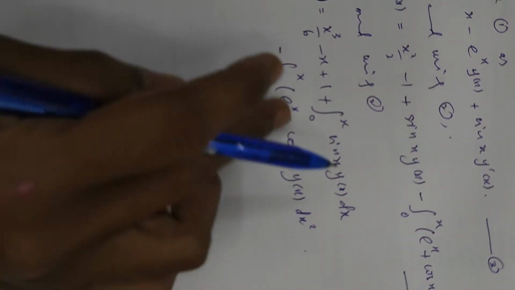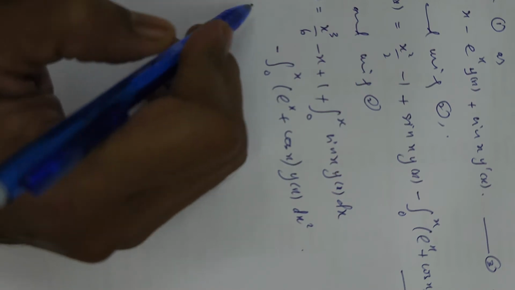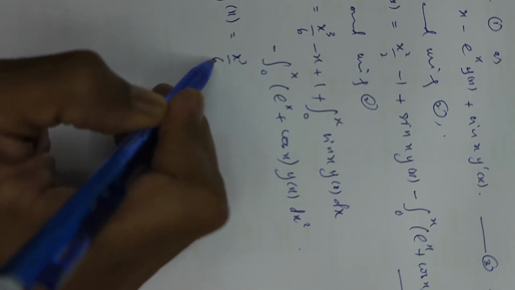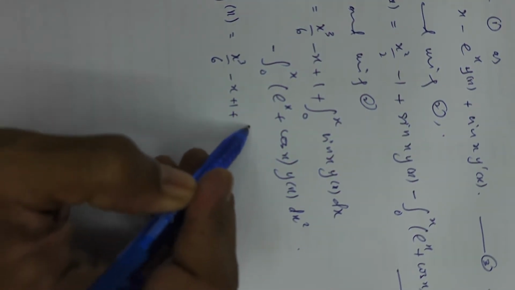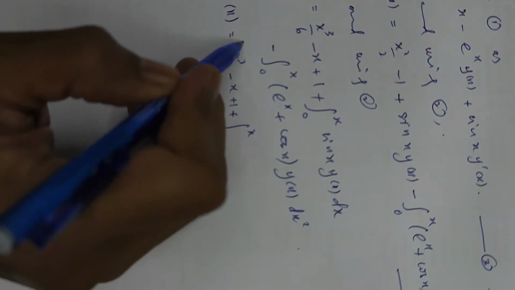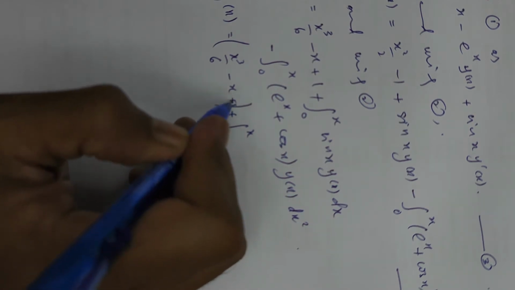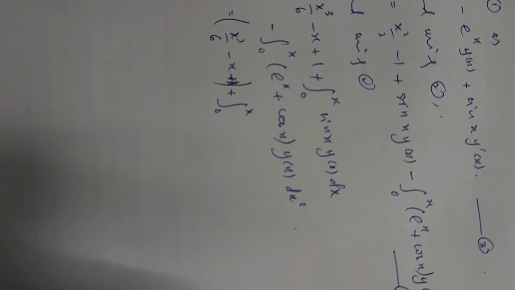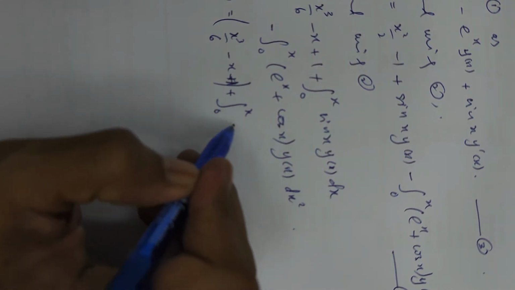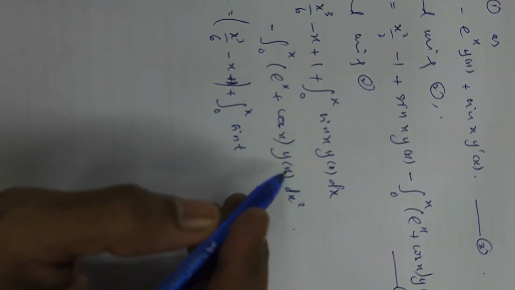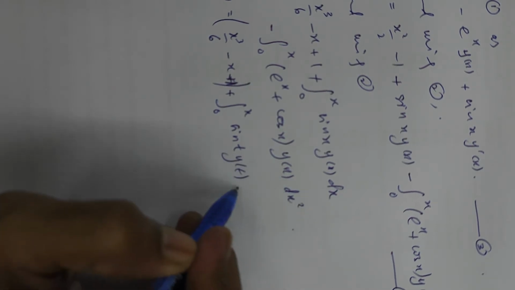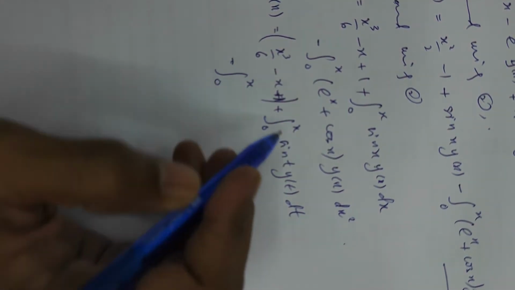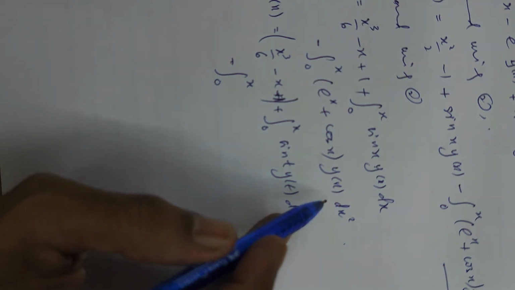So you can write y(x) is equal to x cubed over 6 minus x plus 1 plus the integral from 0 to x of sine t y(t) dt, and minus the integral from 0 to x of x minus t.